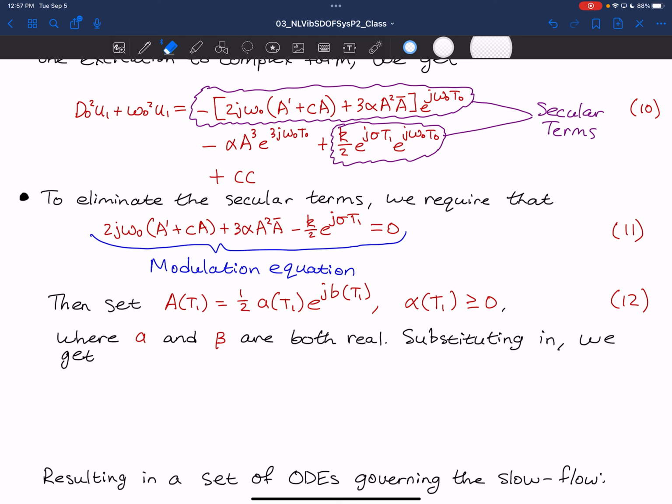And this alpha here, I believe this should be A. Yeah, that should be an A. When I originally did this, I was using alpha for my slow amplitude, and then just to be consistent with the notes from last week, I switched. So if you find an A somewhere or an alpha where it shouldn't be, that's why. Same thing with this beta here. This should be a B.